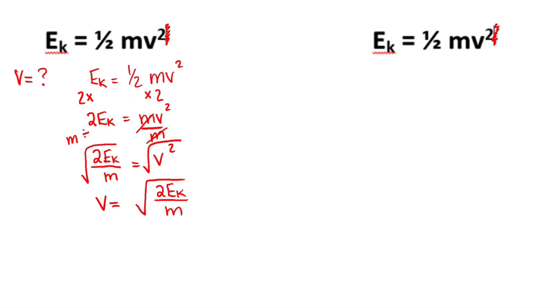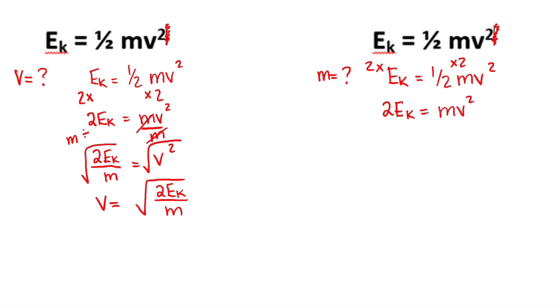So now we're going to do the same thing for mass. So again, equation to start. Same step as before, I'm going to times both sides by 2 to cancel out that denominator 2. So 2ek is equal to mv squared.